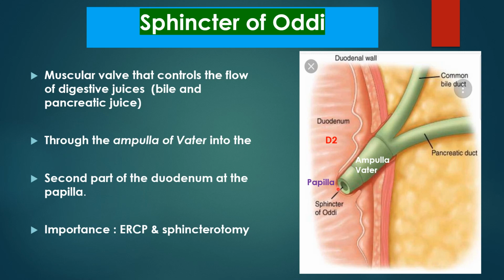It ends at the sphincter of Oddi, and this is a circular muscle that covers the tip of the ampulla of Vater, which controls the flow of bile and pancreatic juice into the duodenum. Okay, it's a muscular valve. It's a very important structure, especially in ERCP and sphincterotomy, where the sphincter of Oddi is to be identified as the papilla.